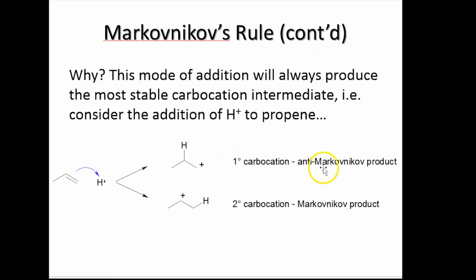The first carbon is called anti-Markovnikov. The secondary carbocation is the Markovnikov product. So this creates a more stable carbocation. Given a choice, the electrophile will add in a manner to result in the most stable carbocation.